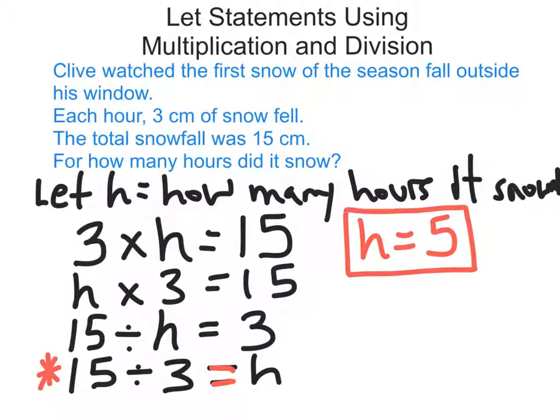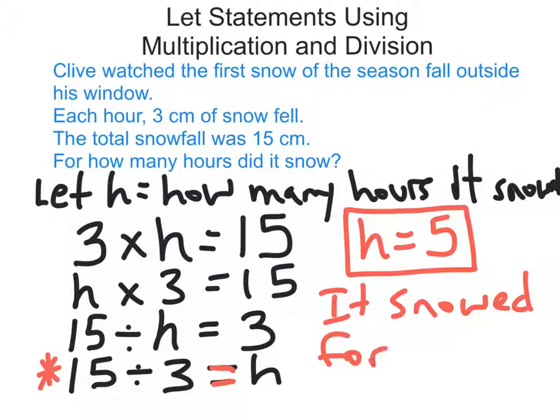That's my answer. And now I write a sentence for it. It snowed for 5. It's a weird looking 5. Yeesh, I better do that again. It snowed for 5 hours.